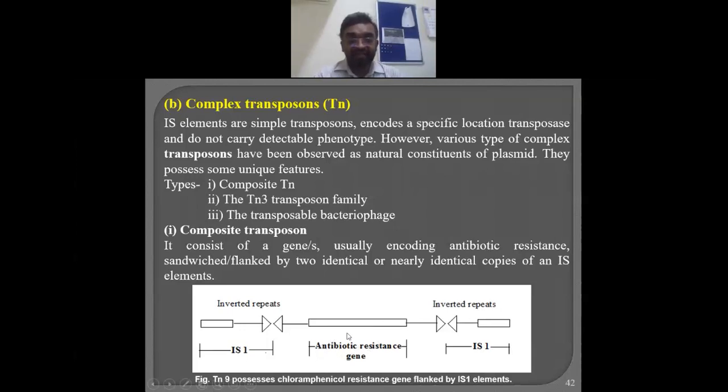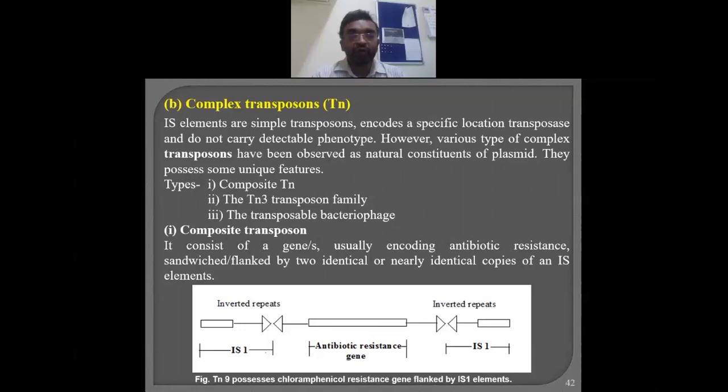We know that we can detect the presence of an antibiotic resistance gene by means of phenotypic characteristics. Suppose we want to know whether the penicillin resistance gene is present or not, or the streptomycin resistance gene. It is very simple.